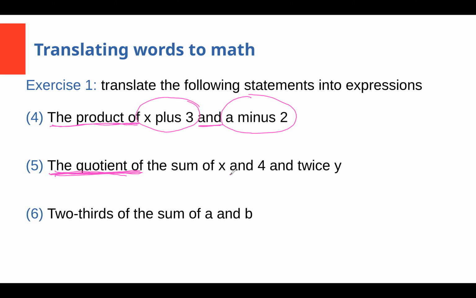If I do the cut here, let's read it. What will I have in the first part? I will have the sum of x. Where is the second member? So this split was wrong. I will undo it and put it here. That's my split. Now let's read it: the sum of x and 4, it sounds good, and then twice y, sounds okay. So that's the split.